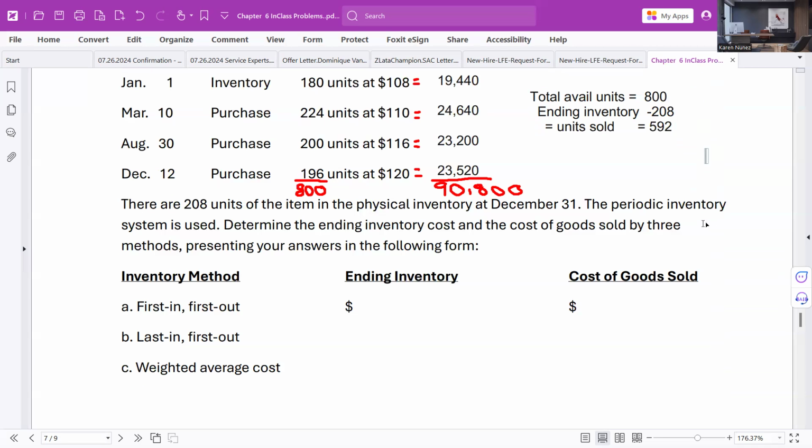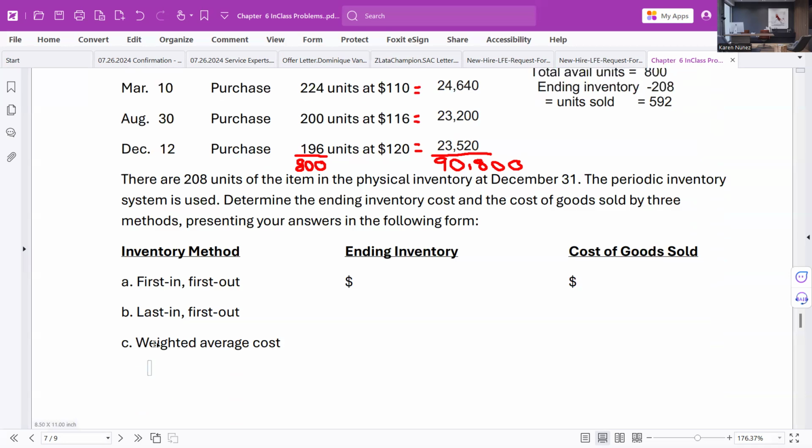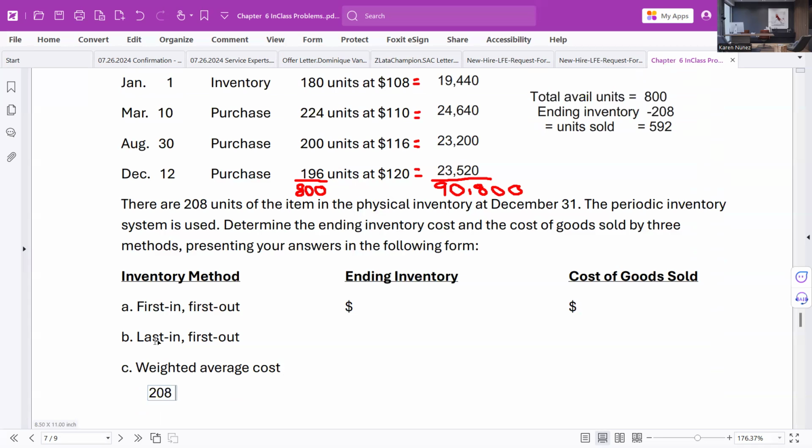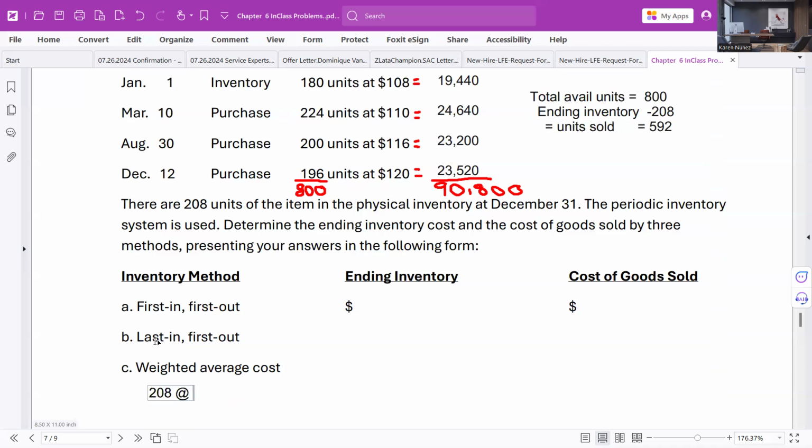So the weighted average cost, the ending inventory is 208 units. So 208 at 113.50. 208 units at 113.50 is 23,608.